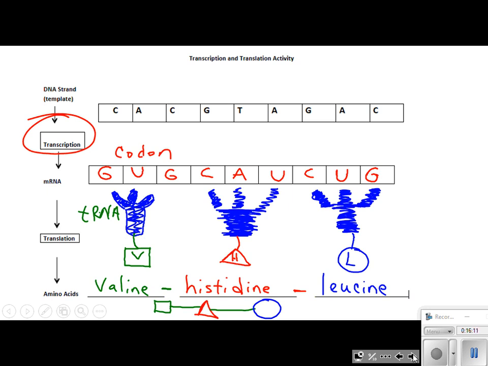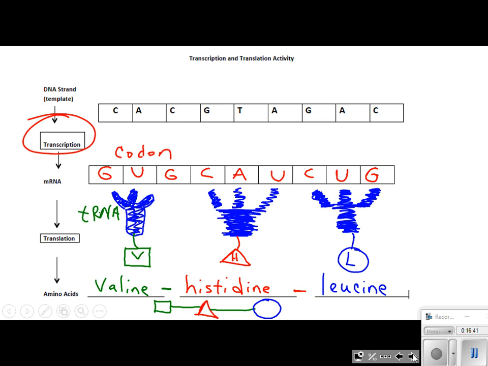So once again, folks, this is the central dogma. The central dogma, remember, DNA is transcribed into RNA. RNA is then translated into a bunch of those, a bunch of them. What do we call?